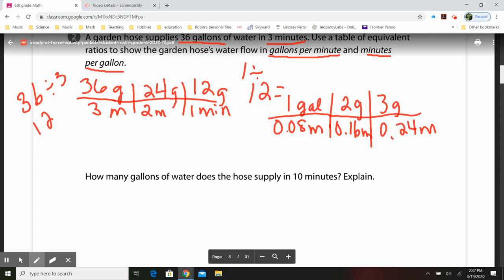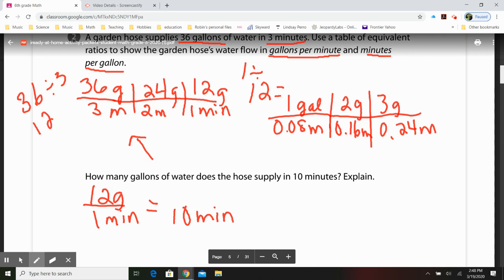Then the question on the bottom says, how many gallons of water does the hose supply in 10 minutes? So I would use this chart right here for that. So we're using the 12 gallons in 1 minute, and we want to find out how much it would be for 10 minutes.